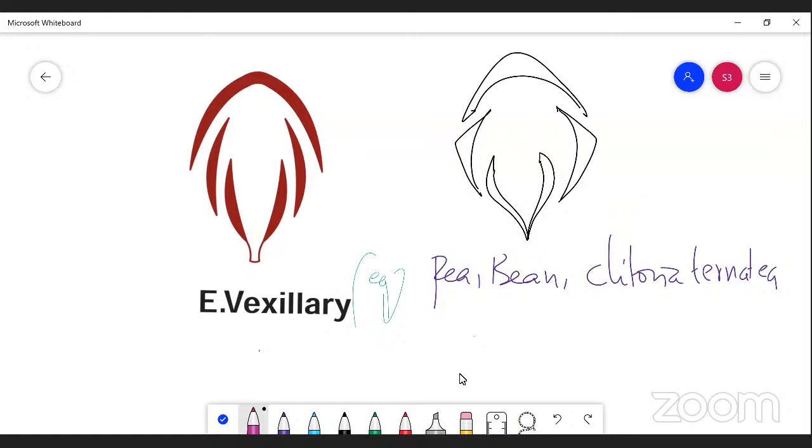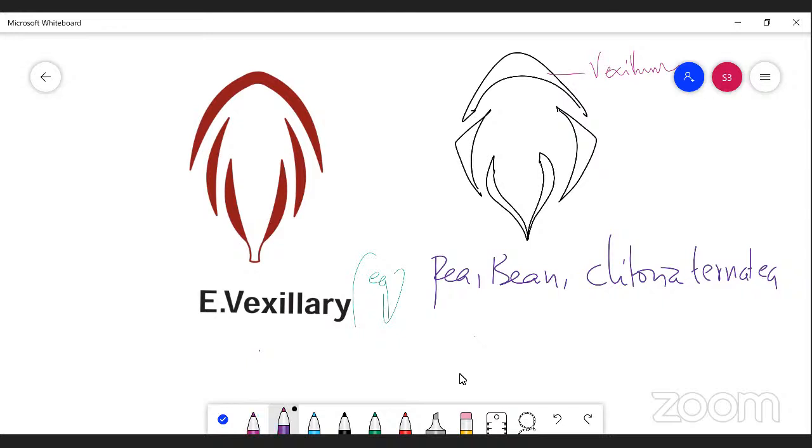Actually, this vexillary type consists of the following types. The first petal is large, that is the vexillum. The large petal in the Fabaceae family, in Clitoria or pea plant, is very large, that is the vexillum.